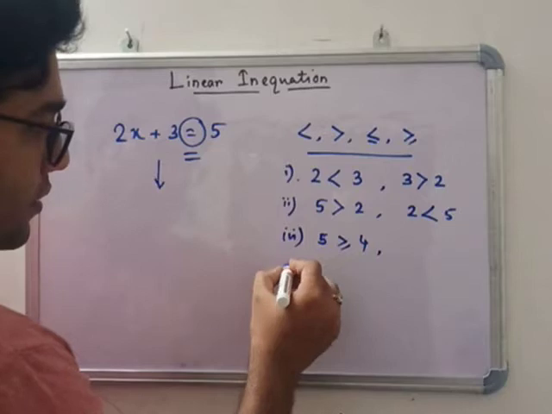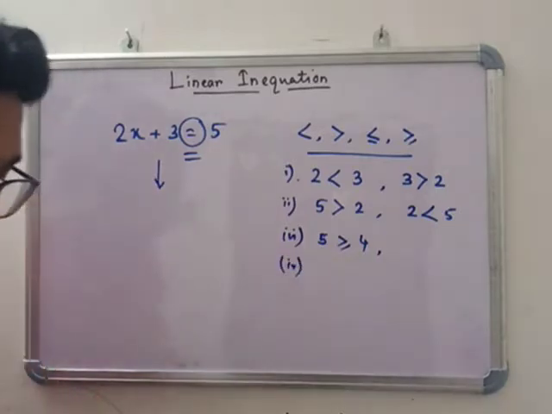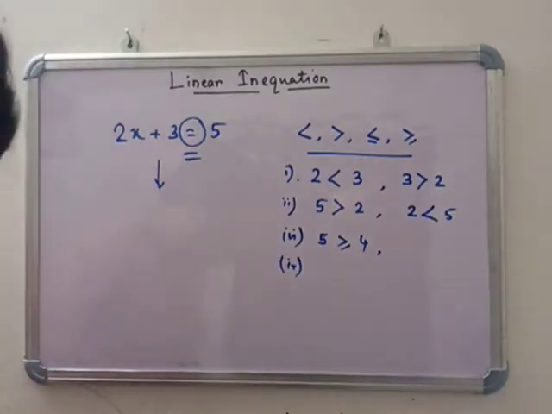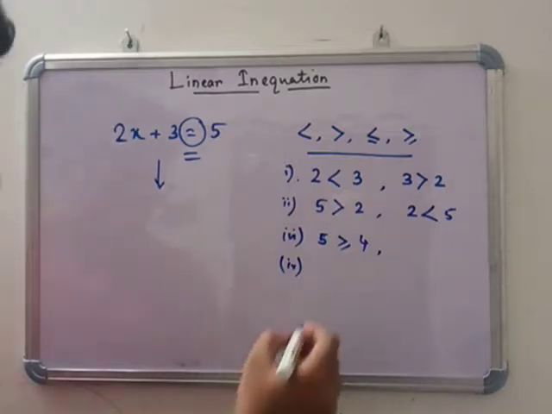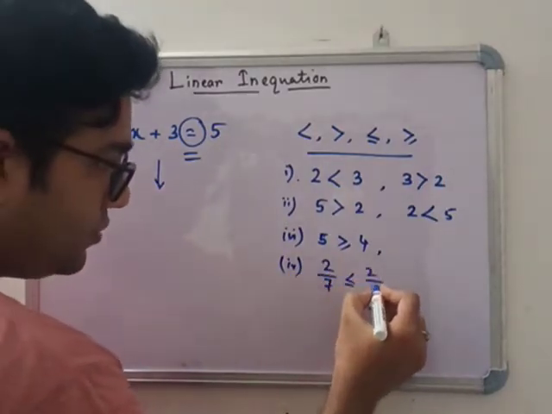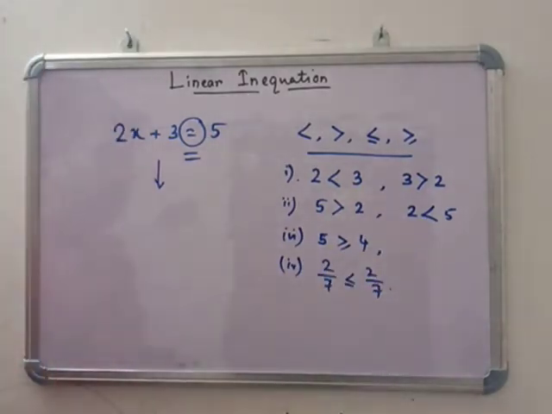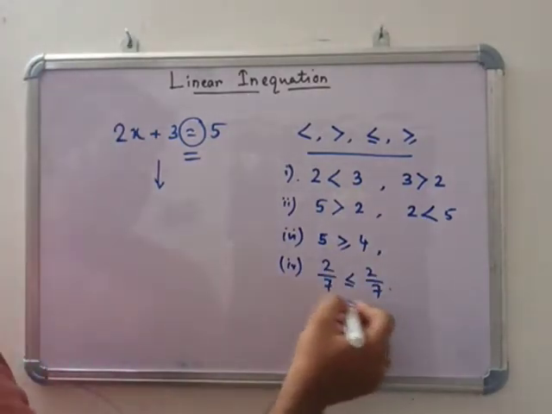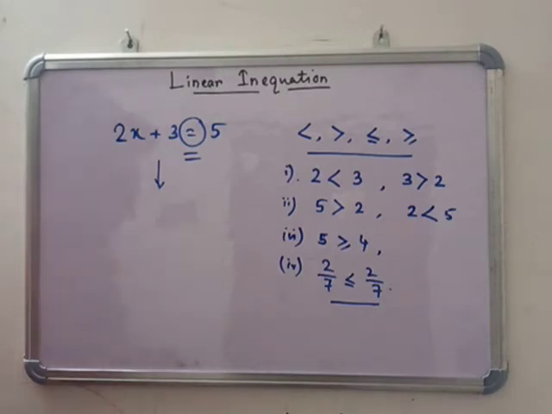Similarly, in number 4, we can write 2 by 7 is less than or equal to 2 by 7. That means the value is equal or less. So these types of things we normally apply here.